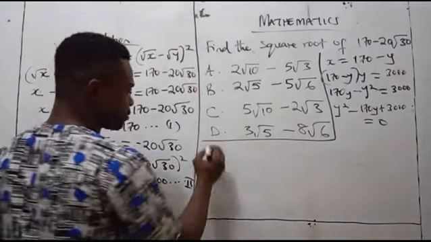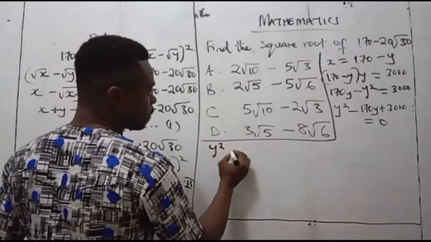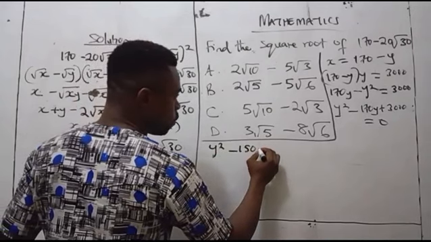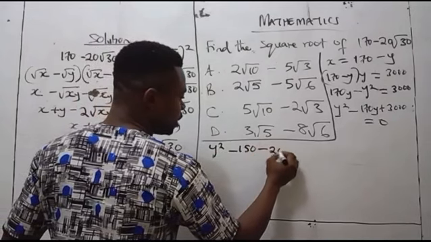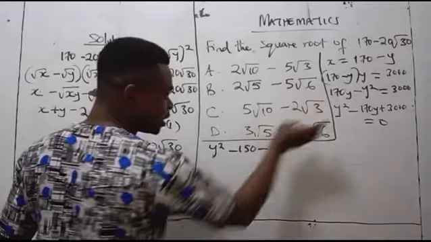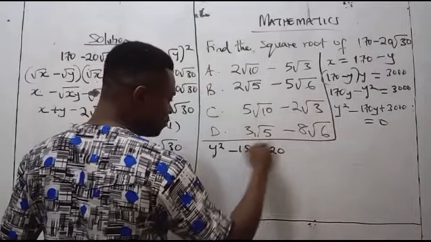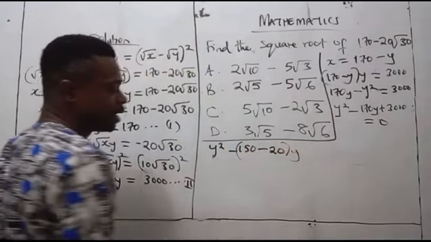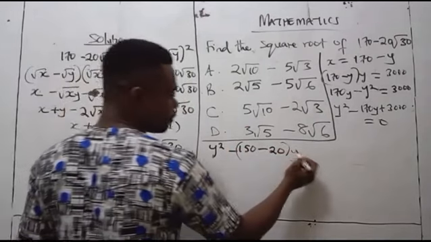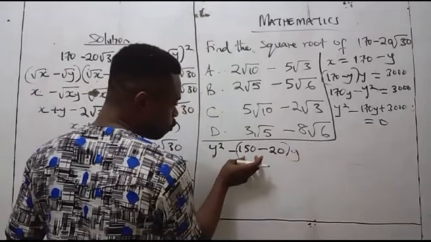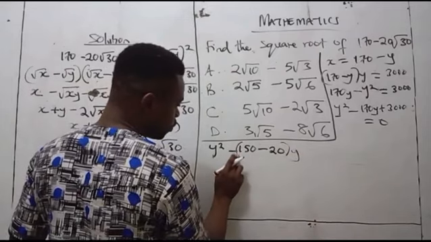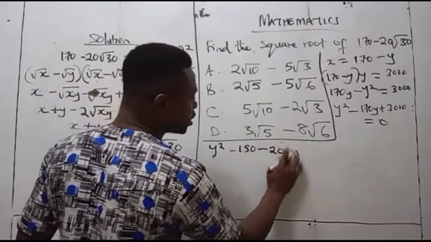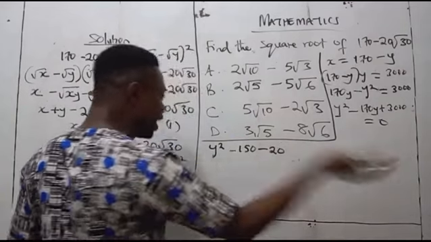So we have something like this. y squared minus 150, minus 20, and remember, everything is multiplied by y. Okay, let me not waste time. Let me use y to multiply everything straight.